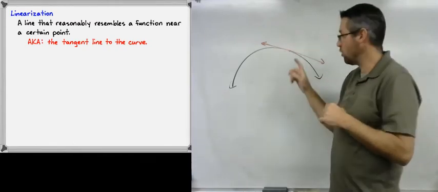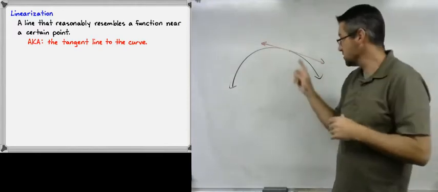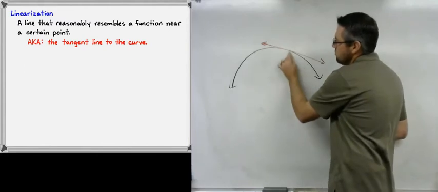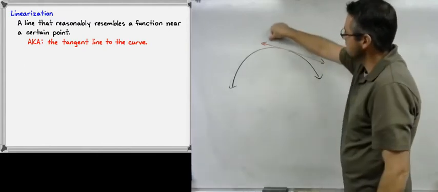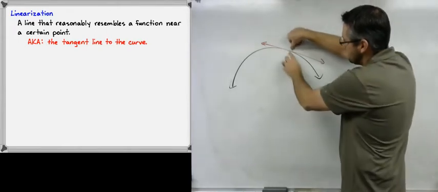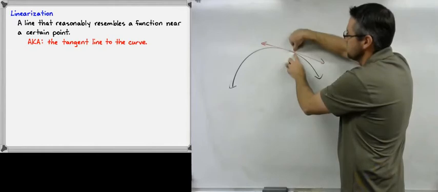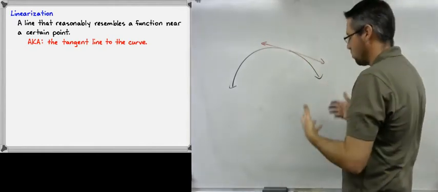Now, obviously, the curve and the tangent line have the same point of tangency, right? They intersect at that one point. And as we move further away from that point of tangency, we can see that the tangent line still holds a pretty accurate value of whatever the curve's value is going to be. But as you get further away, that estimate gets worse and worse and worse.